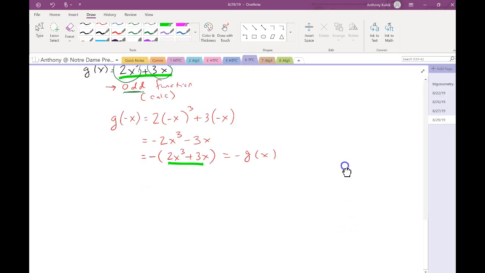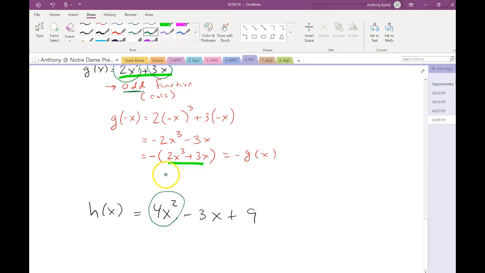Okay. Let's look at one more example here. So let's look at the degrees here first. We'll do that the first time here. So the degree on this one is 2. The degree on the next term is 1.